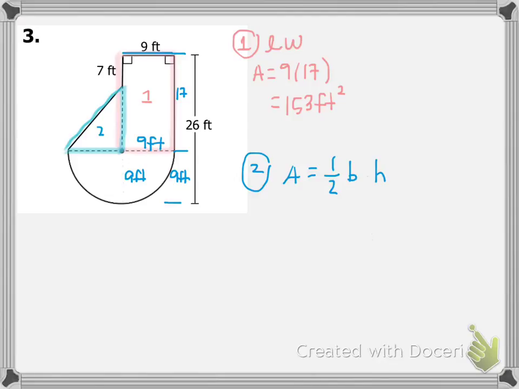Well, I know that my base here is going to be 9 feet because it's the radius of the circle. Now I need to find the height. So 17 minus this 7 right here is going to leave me with a 10. So the height is going to be 10. So 1/2 times your base, which is 9, times 10, which is your height. So that's going to be 45 feet squared.